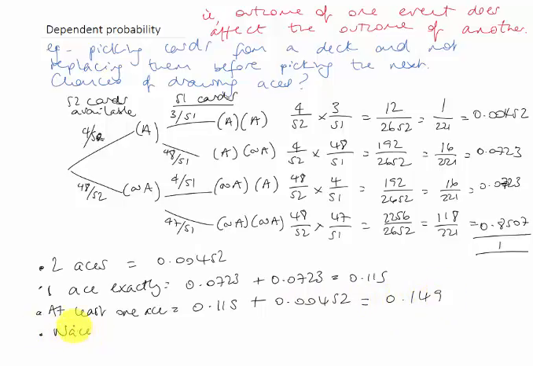No ace: no aces is by far the most likely, so that's this possibility here. The important thing here is to change the number of cards in the deck for each step. And I think a probability tree is by far the easiest way to deal with that, personally.